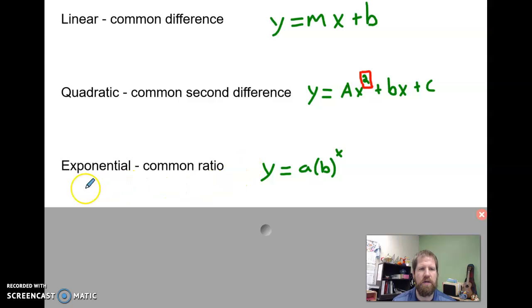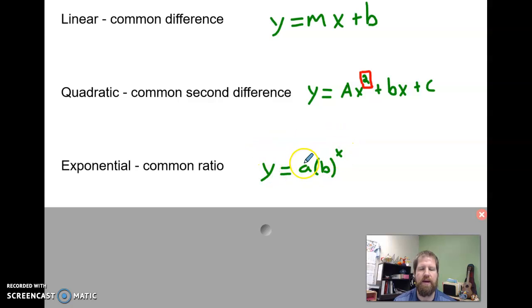And then the last one, an exponential function, because we have our x as an exponent, an independent variable as an exponent. Every time we increase this x, it's going to add another multiplication by this value, this b, which is going to be our common ratio. So if I had 1, I would have a times b would be y.